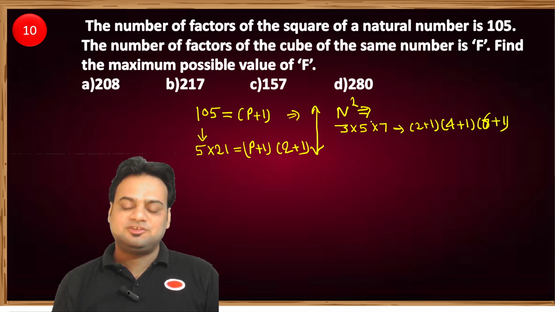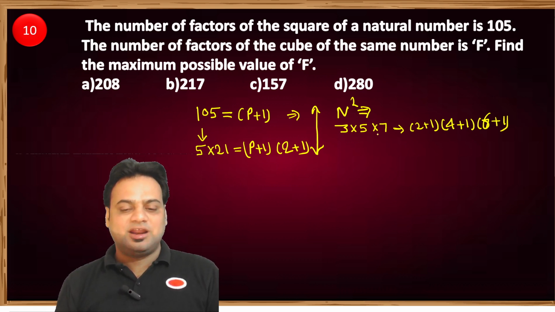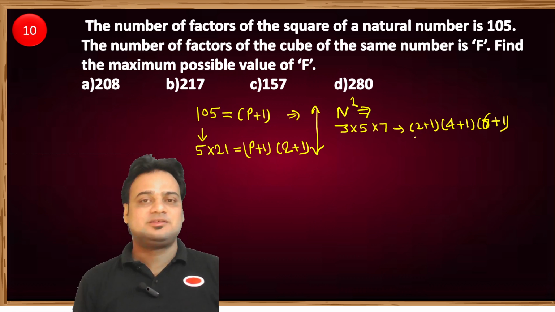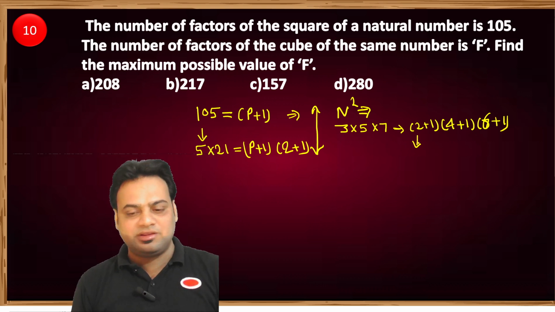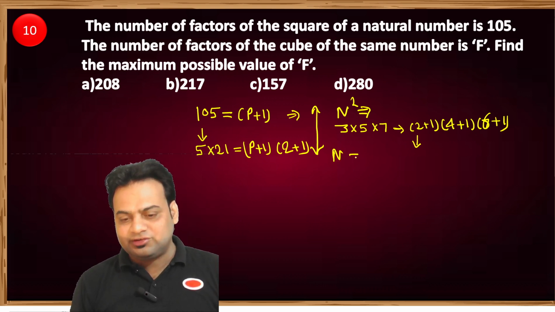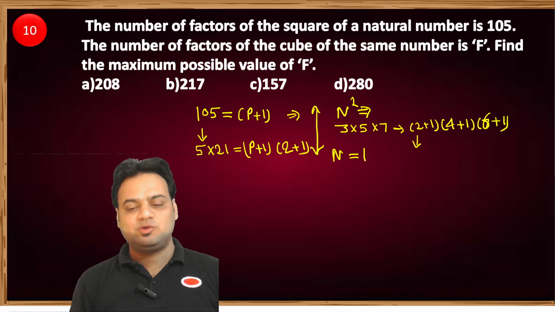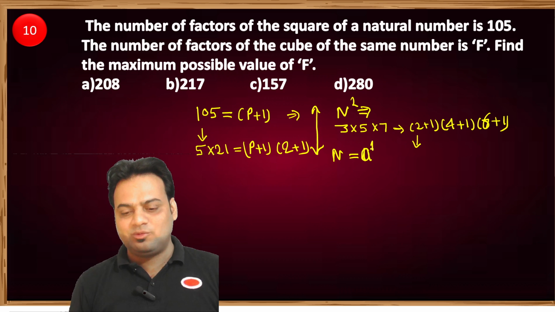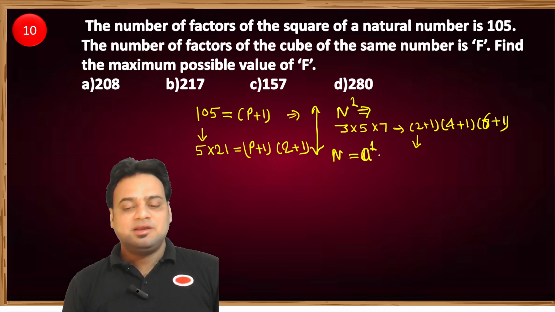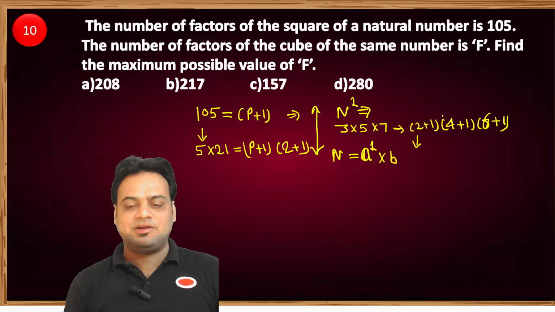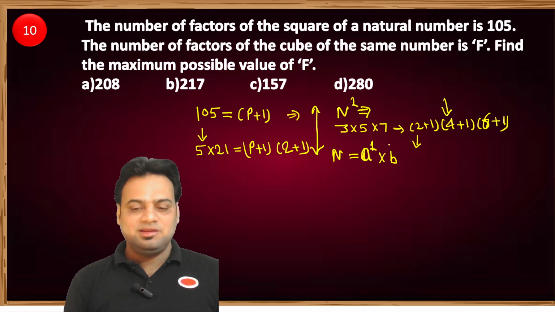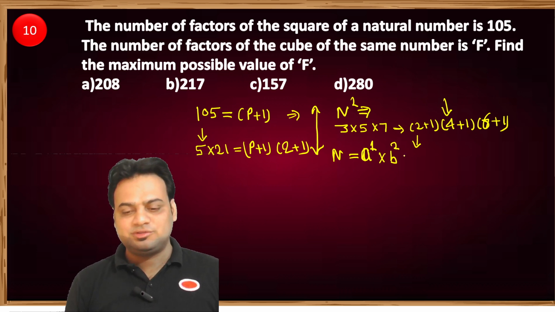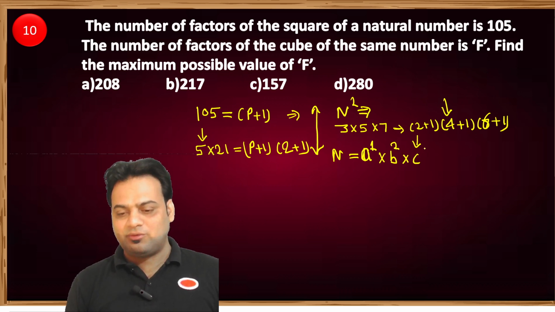That means if n square is this, the prime powers are squares, since when you square a number the prime powers are doubled. So for n, the powers are halved. Suppose a prime number has power 1 in n, another prime factor b has power 2, which gives 4 in n square, and c has power 3.